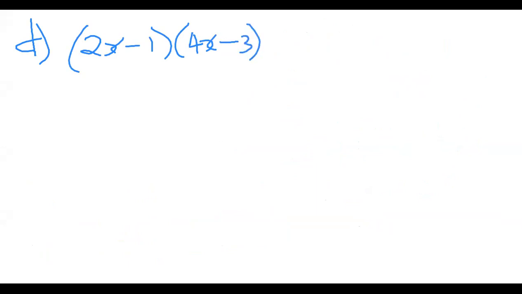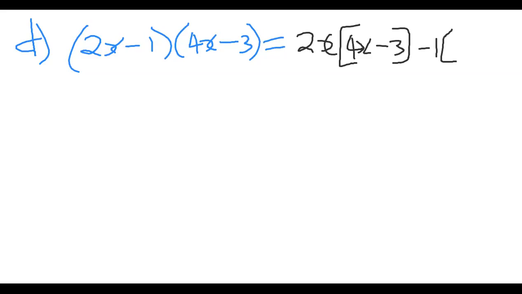Still, the same thing is done here. We shall have 2x times whatever is in the other bracket, which is 4x minus 3, then minus 1 into brackets 4x minus 3.